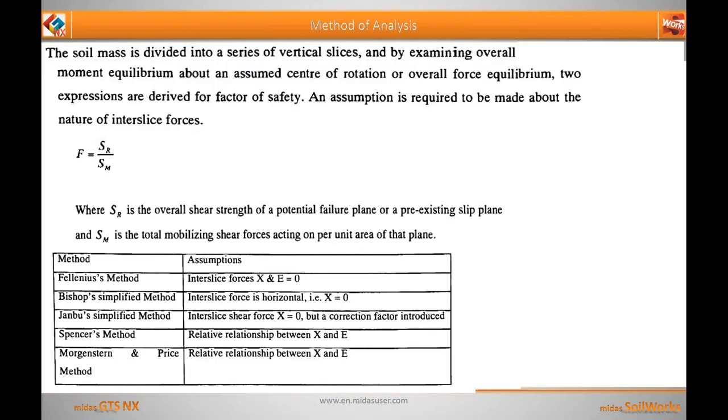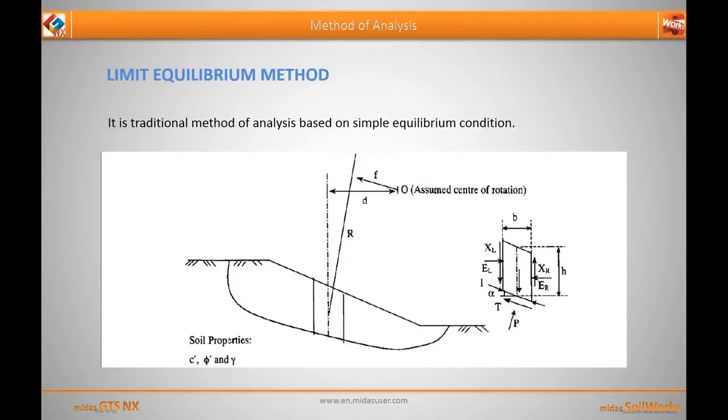The factor of safety is then calculated as F = SR / SM, where SR is the overall shear strength of the potential failure plane or a pre-existing slip plane, and SM is the total mobilizing shear force acting per unit area of that plane. If you look at a particular slice, you will see there are a lot of forces: the self weight, the interslice forces, and the normal reaction from the bottom.